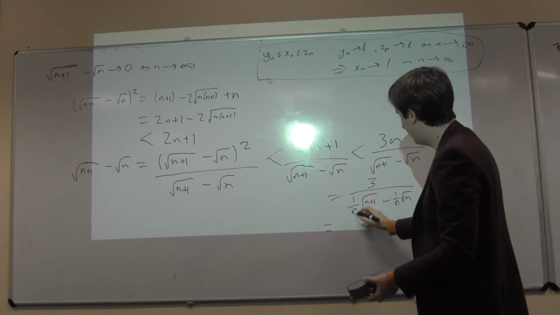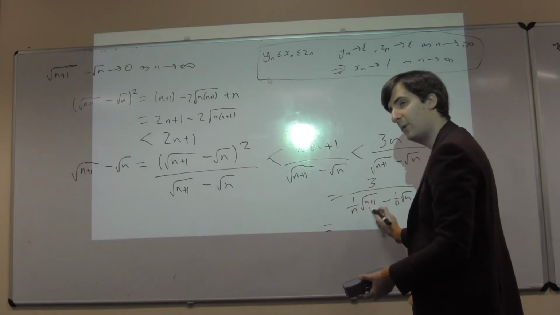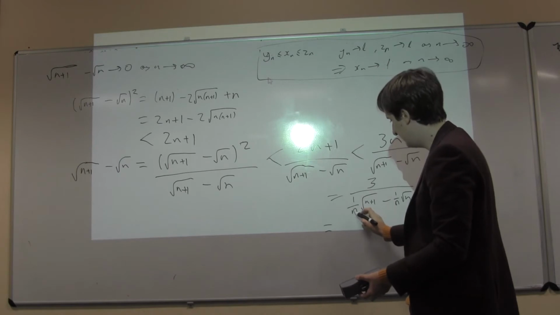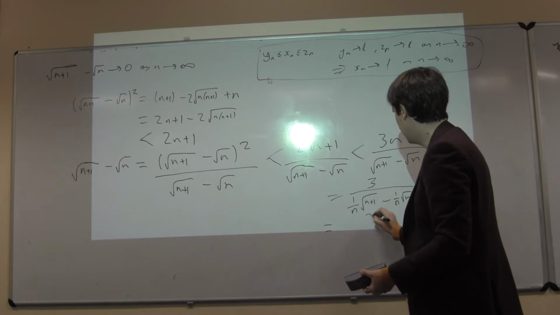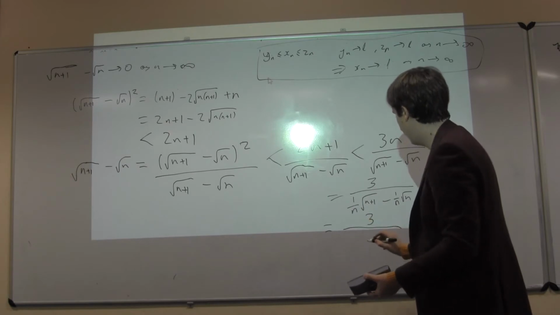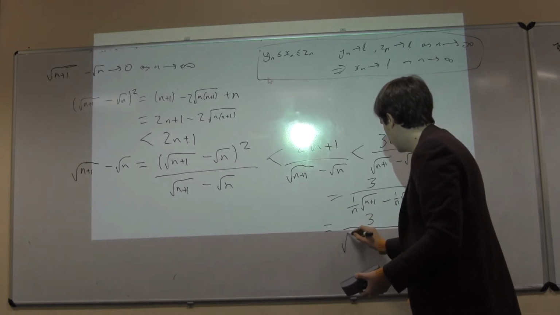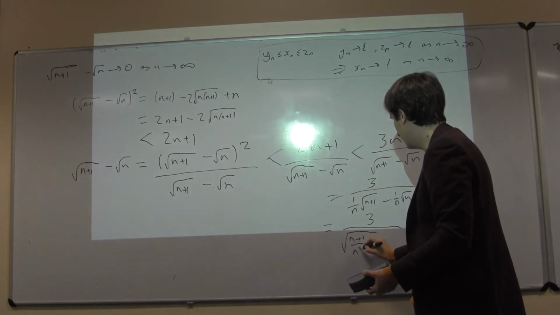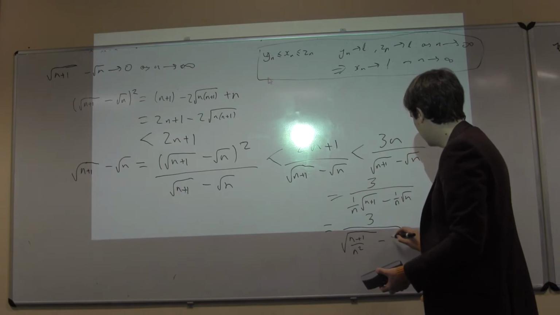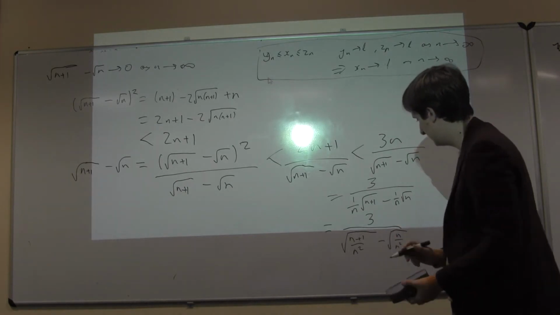If you like, you can put the n into the square root. As you take the n from outside the square root to inside, it becomes n squared. Okay, so this is 3 square root n plus 1 over n squared minus square root n over n squared.